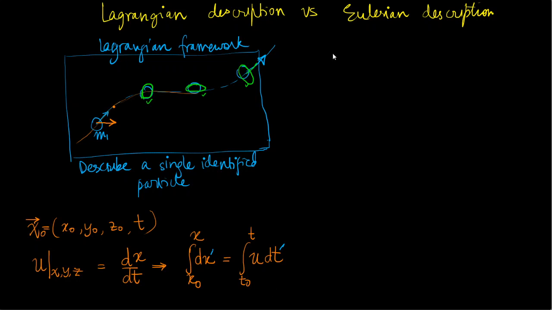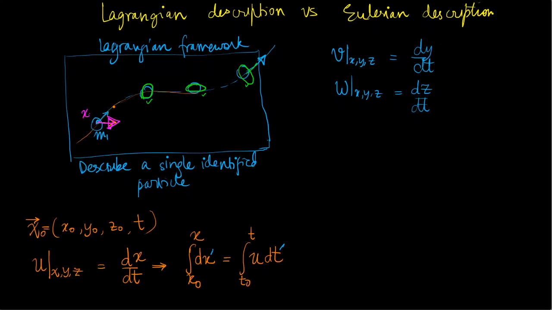Similarly, we can have the v velocity at x, y, z, and that will be equal to dy/dt, and the w velocity at x, y, z will be equal to dz/dt. So at this particular point, if this is the velocity, then at the next time we can integrate it.